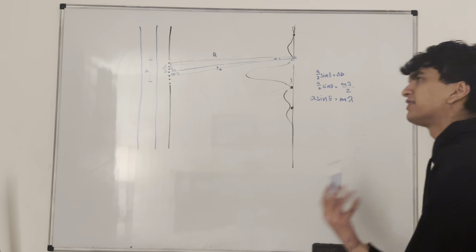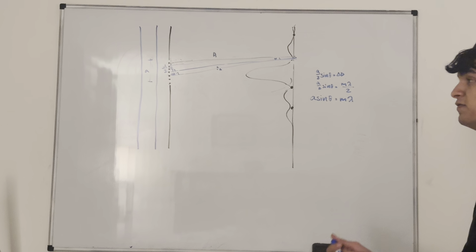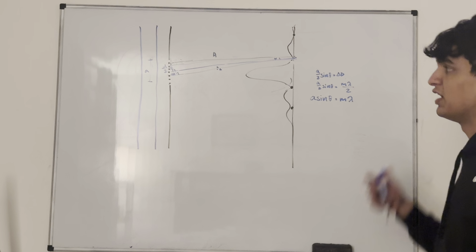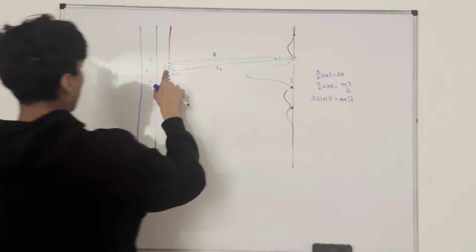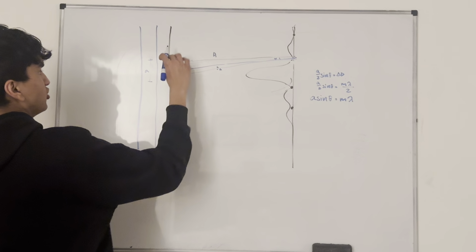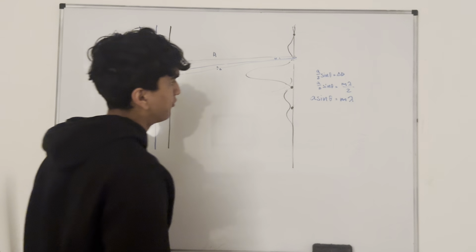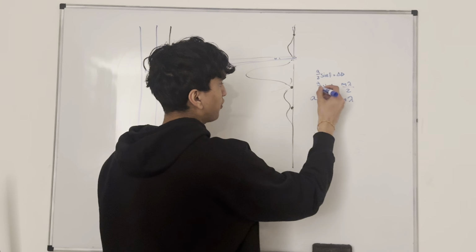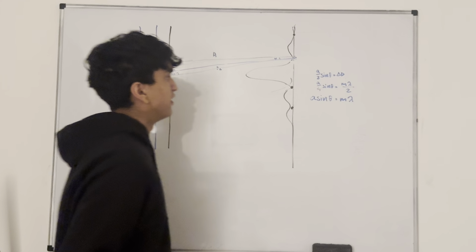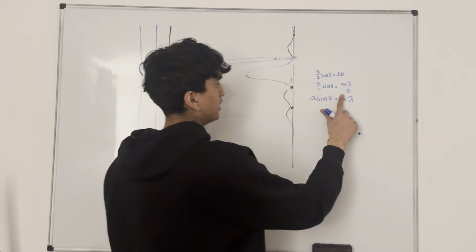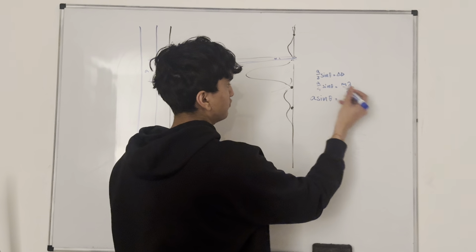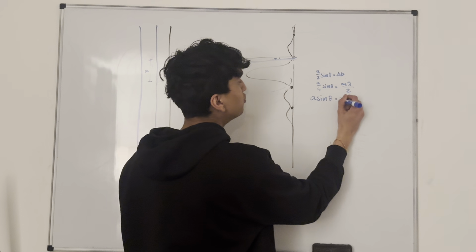So that's single slit interference in a nutshell. Obviously, if you're doing it with A over 4 and doing your derivation like that, then you just have to change this to a 4, and this becomes 2m lambda.